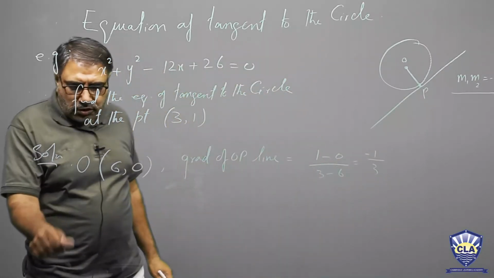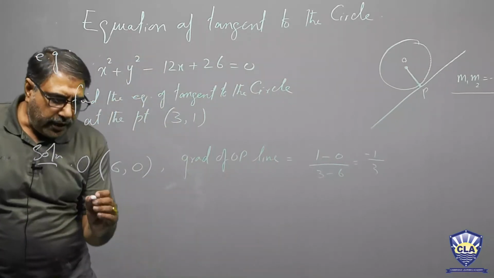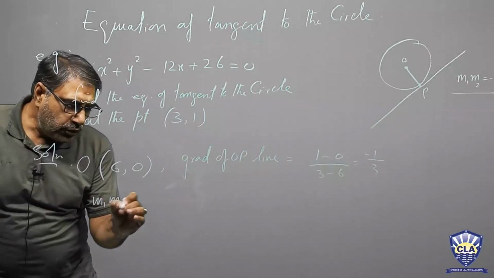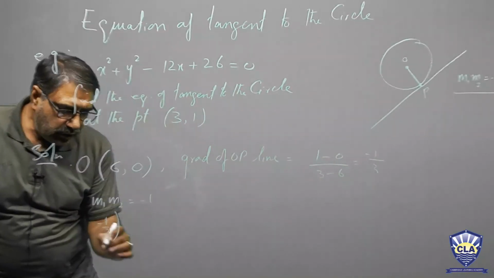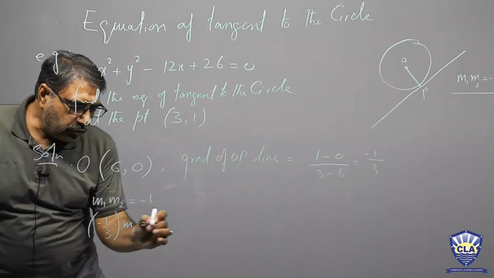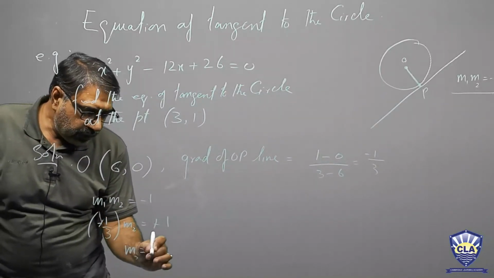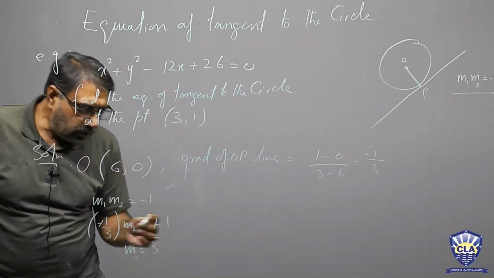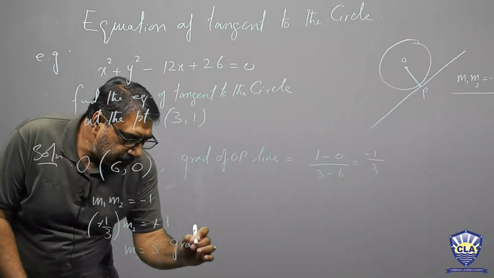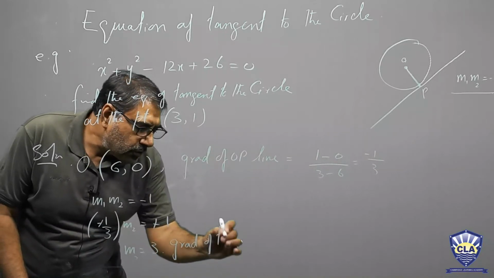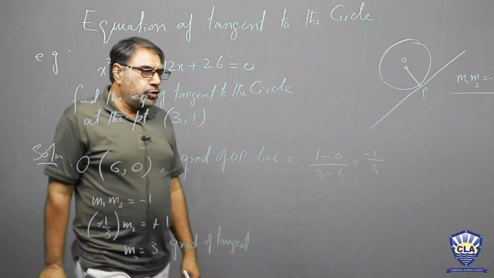Now use the property of finding the perpendicular gradient, m1 m2 equals to minus 1. So minus 1 upon 3 times m2 equals to minus 1. So gradient equals to 3. It is the gradient of tangent.